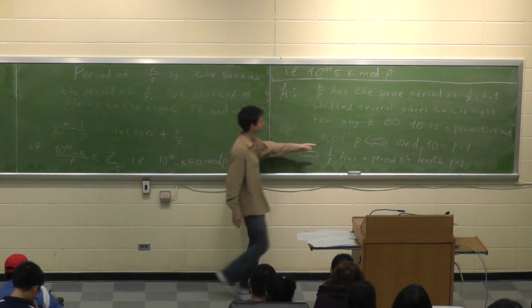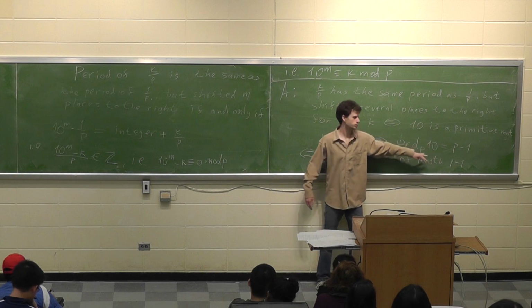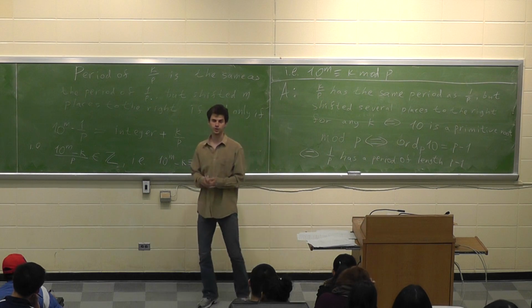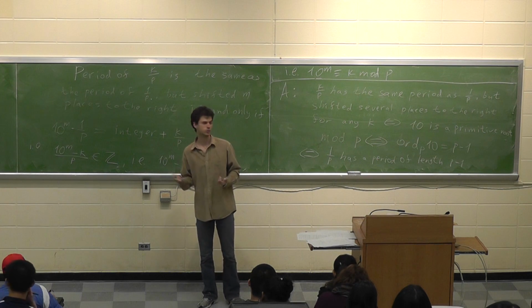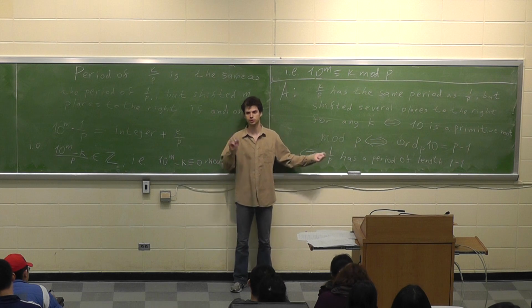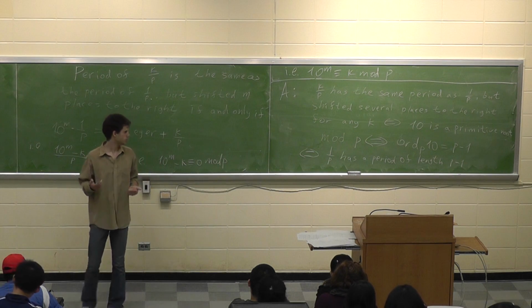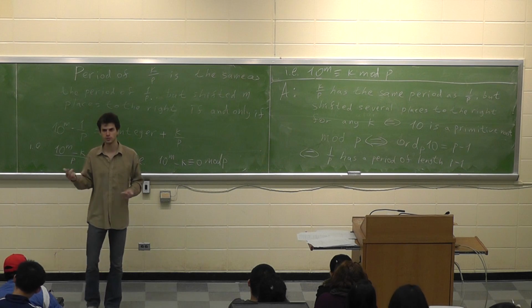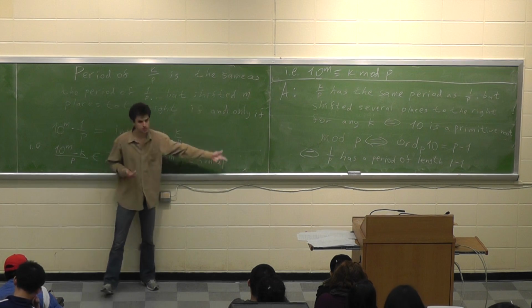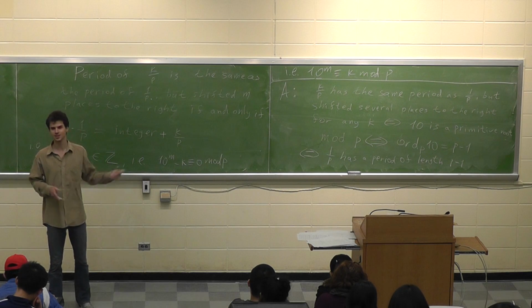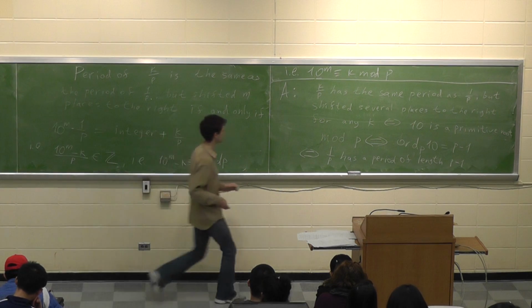We are using the order of an element modulo p, we are using the notion of primitive root, we are using the fact that something is a primitive root if and only if every residue is a power of this number, if and only if the order of this number is p minus 1. So we are using some simple stuff from number theory, but we are getting a kind of funny situation.